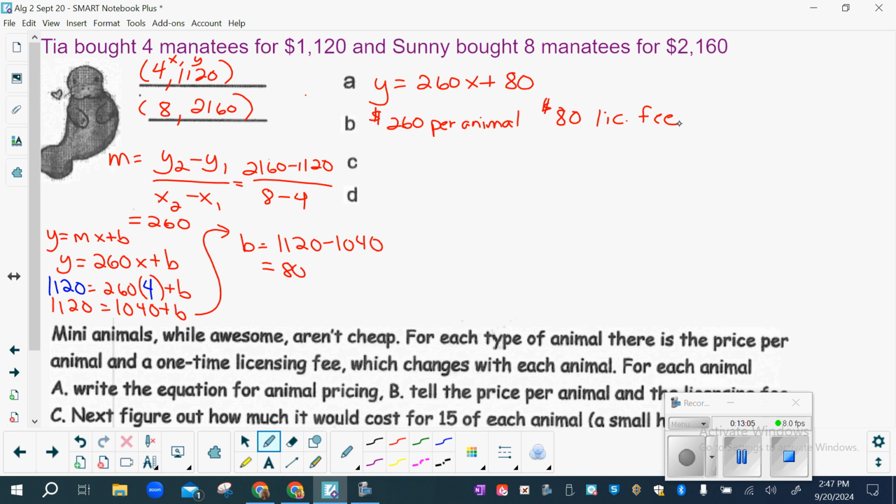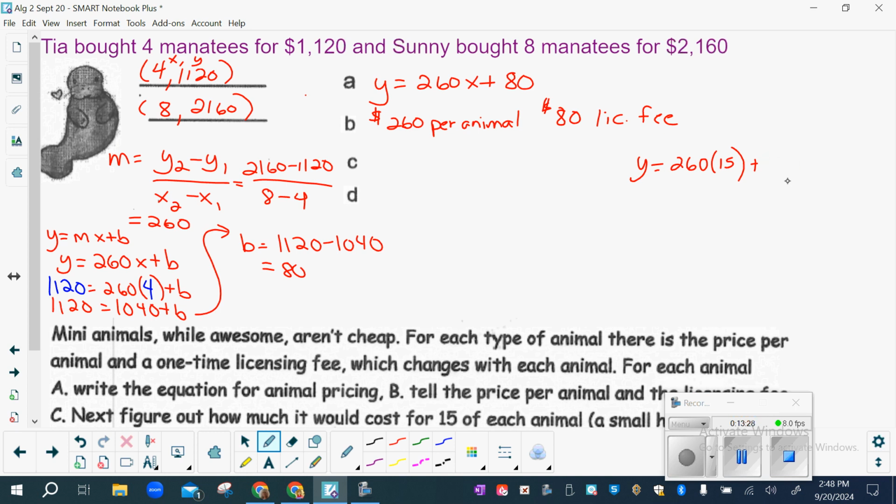So C is how much would it cost for 15 of each animal? How do we do that? Yes, so we're going to put it in place of our x, because our number of animals is our x value.